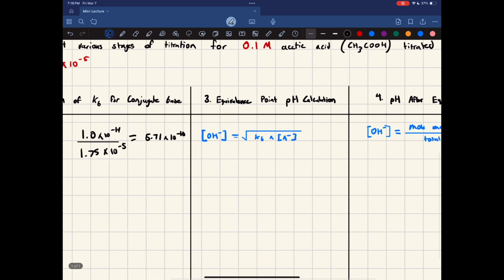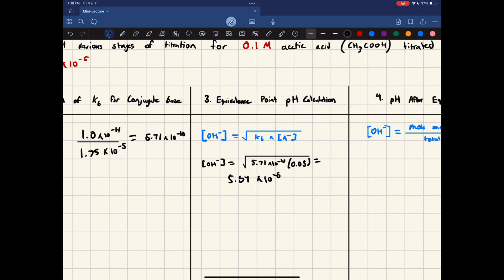Next, we can do the equivalence point pH calculation. So now that we have Kb, we can input it and put the concentration in. OH minus equals the square root of, substituting the values, 5.71 times 10 to the negative 10 times 0.05, which equals 5.34 times 10 to the negative 6.